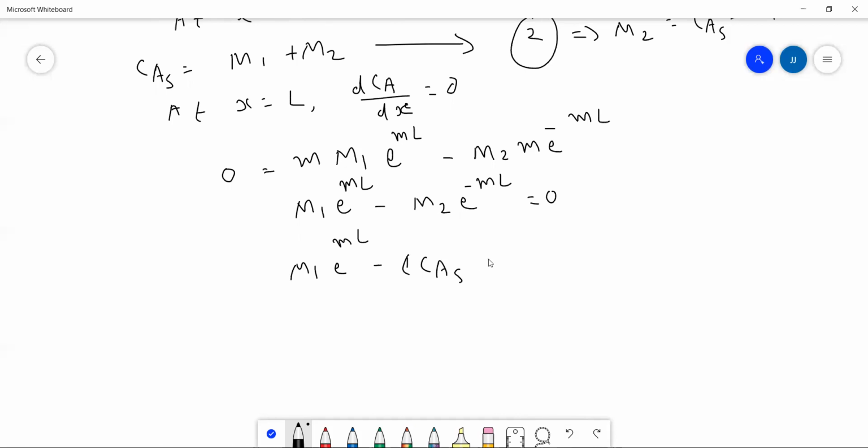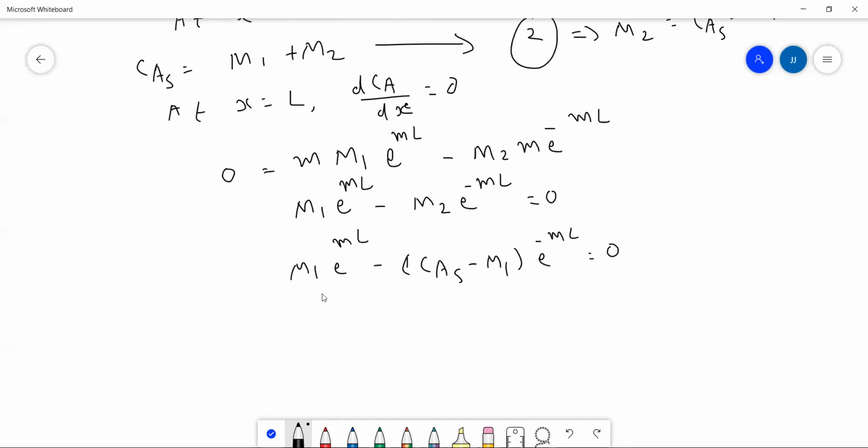CAS minus m1 into e raised to minus ml is equal to 0. Here there is only m1, there is no m2.